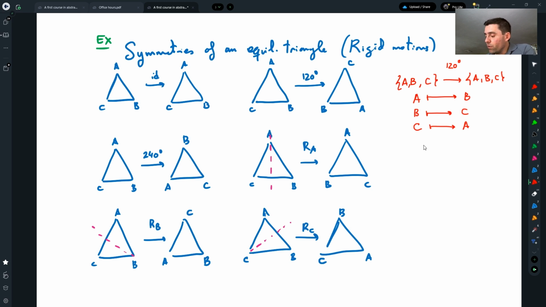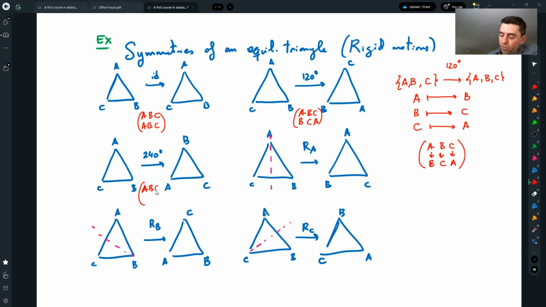I'm going to write this same thing in a different type of notation, where I write where A is going, where B is going, where C is going. So I write that this goes to B, C, A. I can write them all in that notation. ABC goes to ABC for the identity. Here's the one we just did: A goes to the B position, B went to the C position, and C went to the A position.